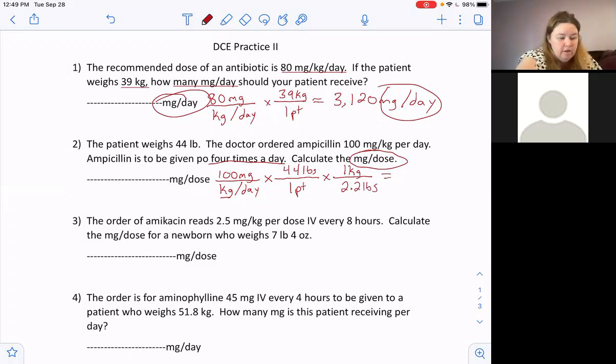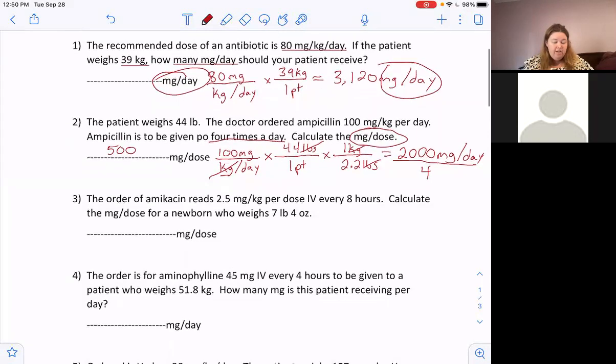And that equals 100 times 44 divided by 2.2, which equals 2,000 milligrams, because the kilograms and the pounds cancel out, so we're left with milligrams per day. But we need to know 4 times a day, and we're asking for 1 dose. So we need to divide that by 4, which gives us 500 milligrams per dose.